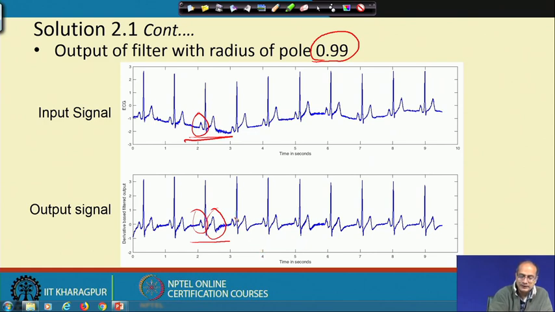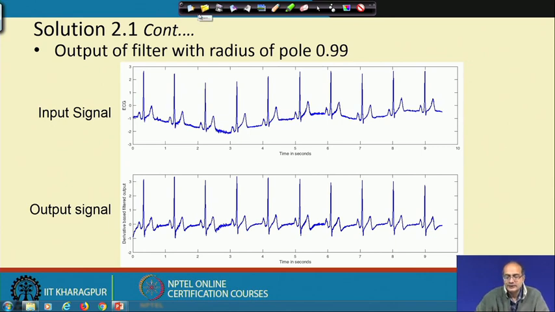If we look at the QRS complex, say in the next cycle, it is coming almost the same way. The change in the shape is minimal and the baseline artifact is removed. So, from that we can conclude that taking the pole at 0.99 would give us the best result among these cases.